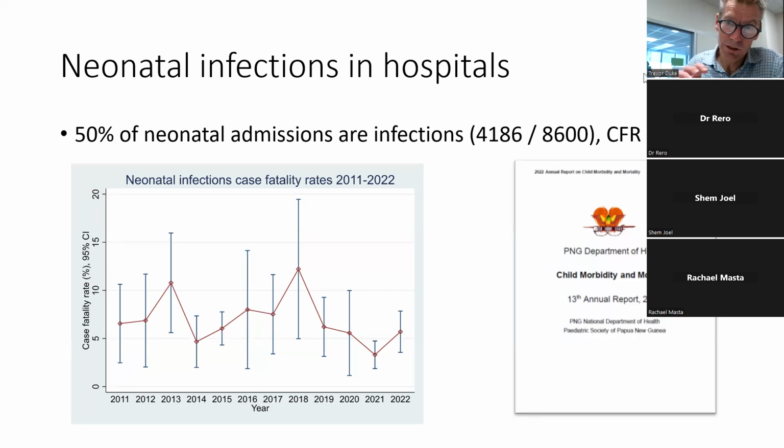It's been 6 or 7% each year. And so that's the current case fatality rate, about 6%, and 50% of neonatal admissions to special care nurseries have some form of infection. They may have other risk factors too, like they might have some birth asphyxia or they might have low birth weight with infection, but at least half have some sort of newborn infection.